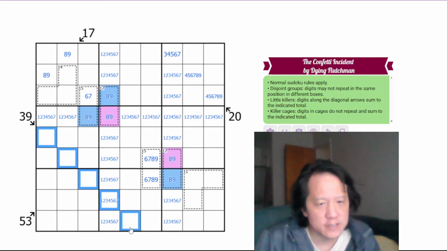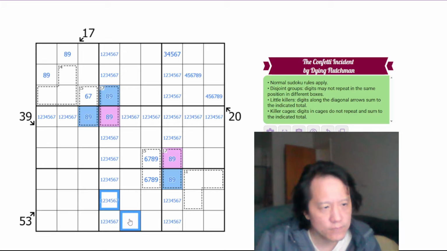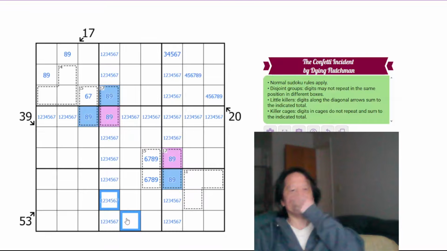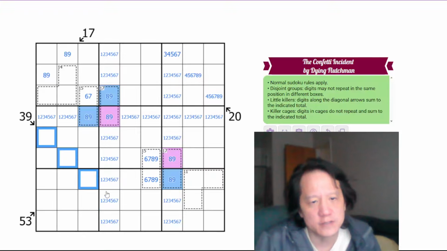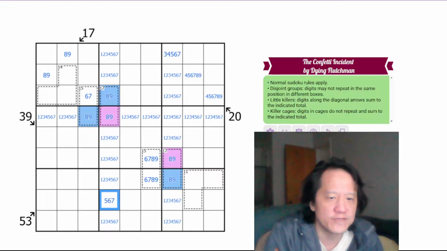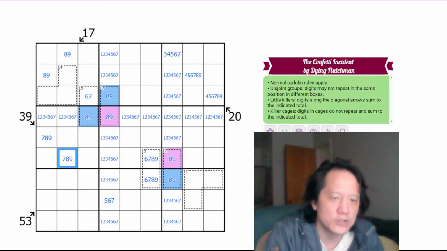But the max is 7, 9, 9, 7, 9, which would be 41. So we have 2 degrees of freedom along this diagonal. So that means the 7 here could go down to a 5. We have 7 and 9 here, which could go down to a 5.